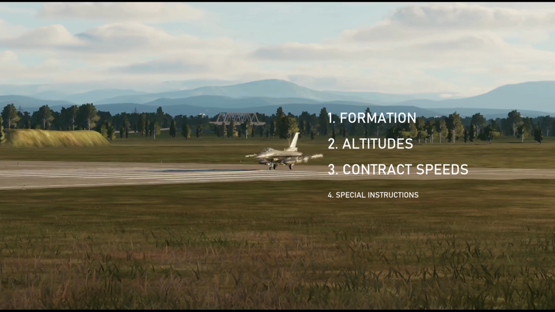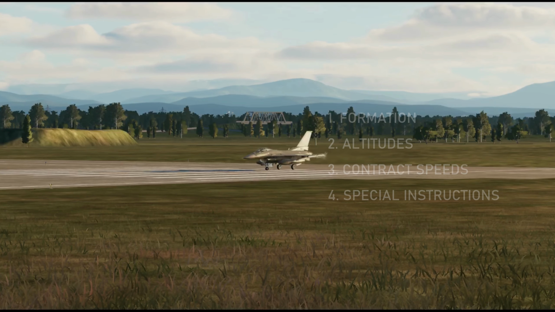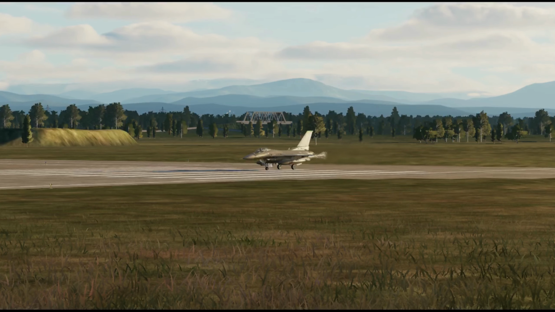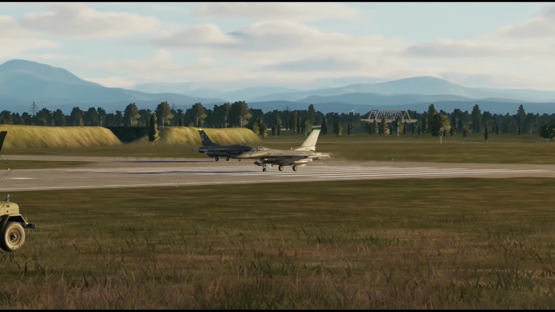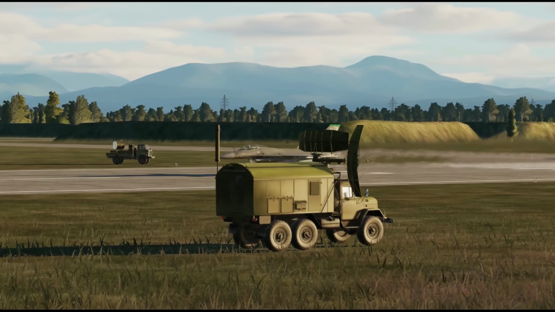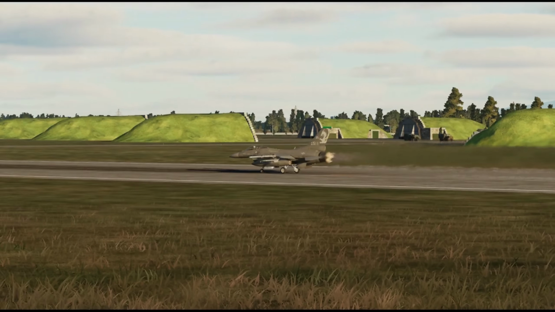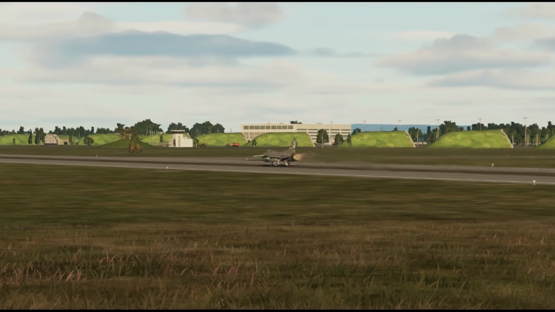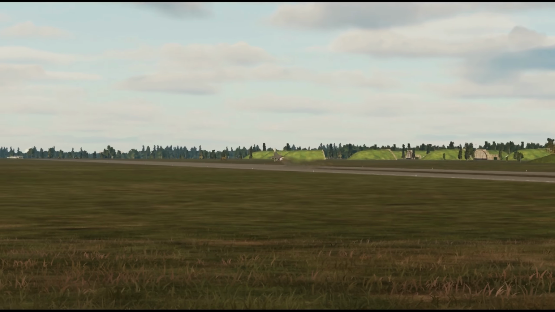And 4, any special parameters, right, that need to be taken into consideration that will help you make the decision on whether to continue trying to affect your rejoin or to move on to the next step.